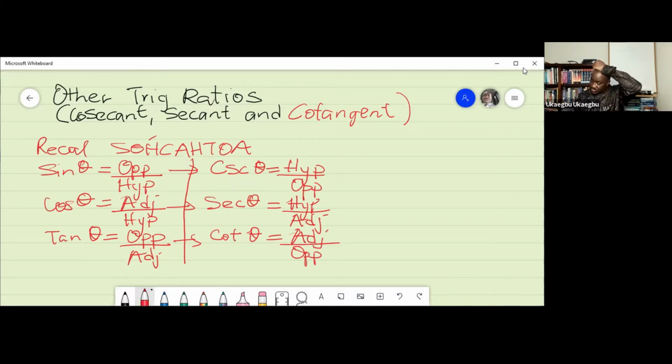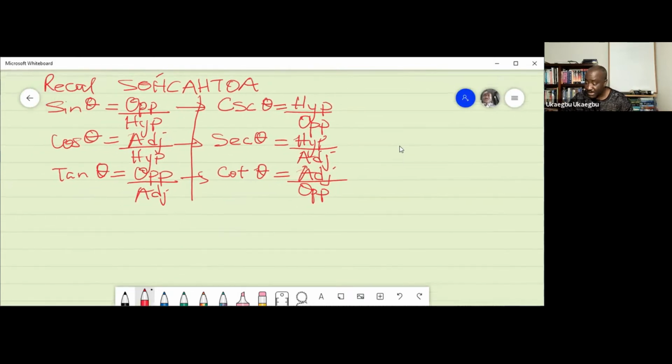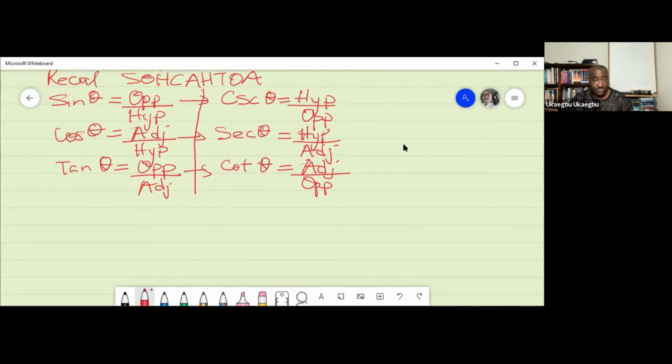Now we are going to use both the SOHCAHTOA and the other ratios. How do you get this? By definition, cosecant is an inverse of sine. Cosec is 1 over sine.